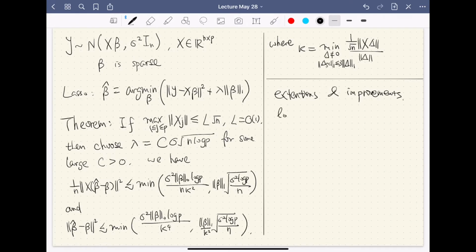The first method is called L0 penalty. We have already discussed L0 penalty, and in particular, AIC and BIC are special cases of this method.